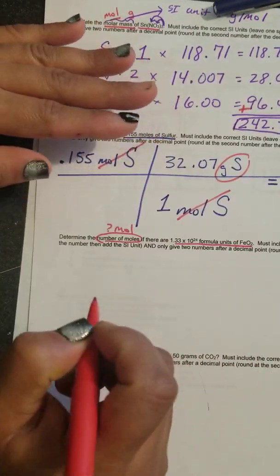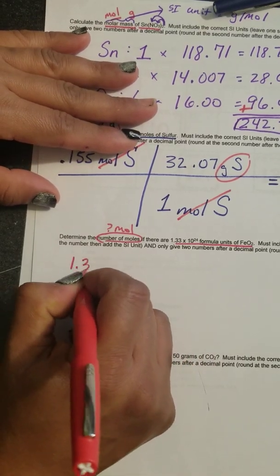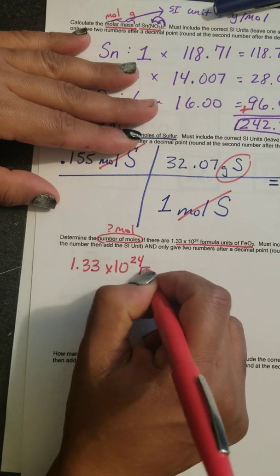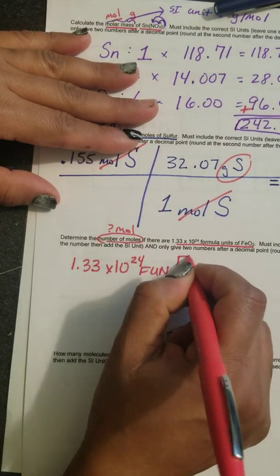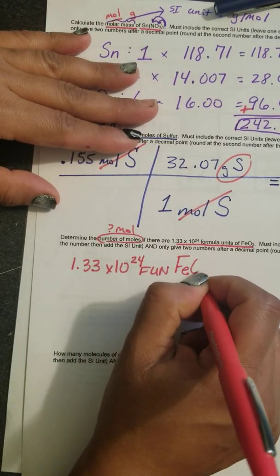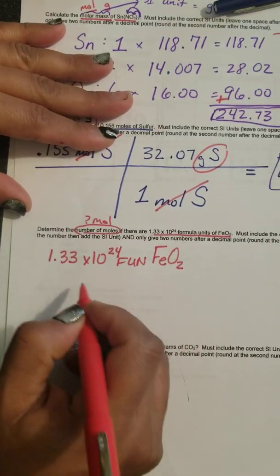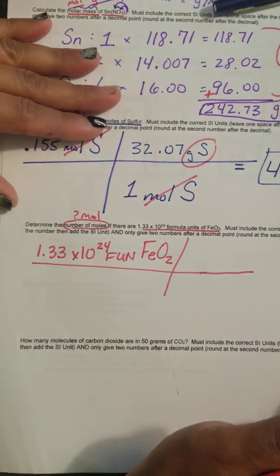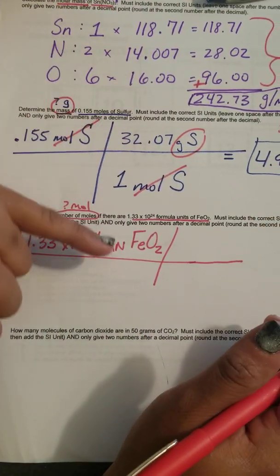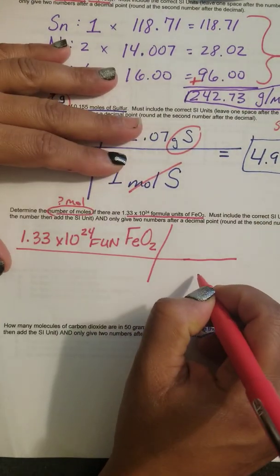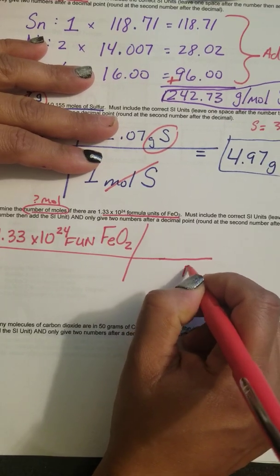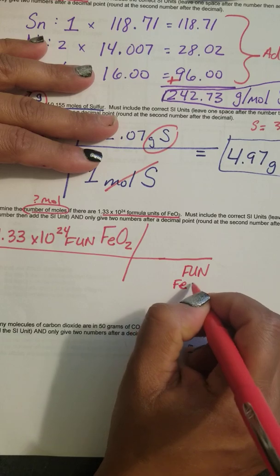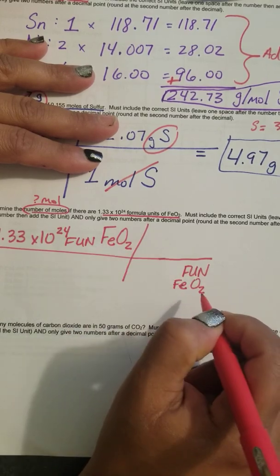Step 1 is to write down what they gave me. 1.33 times 10 to the 24th FUN of iron Fe oxide, O2. Now, I already know before I go any further that if I have FUN up here, I have to put FUN over here. So I'm going to put FUN of iron oxide, so that way they can cancel out.